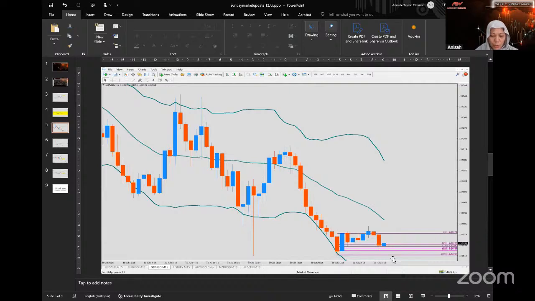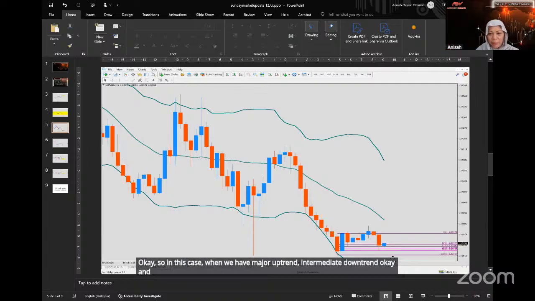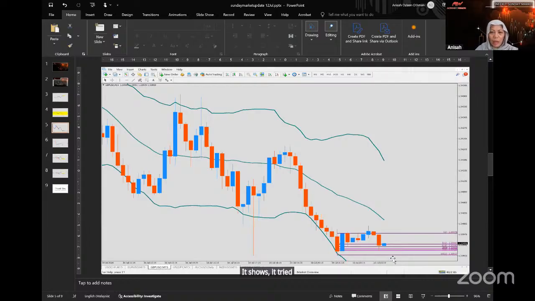So in this case, when we have a major uptrend, intermediate downtrend, and the short-term time frame is pausing, it tried to prove with this ranging that the correction of that intermediate downtrend is out of steam. It could come to an end.